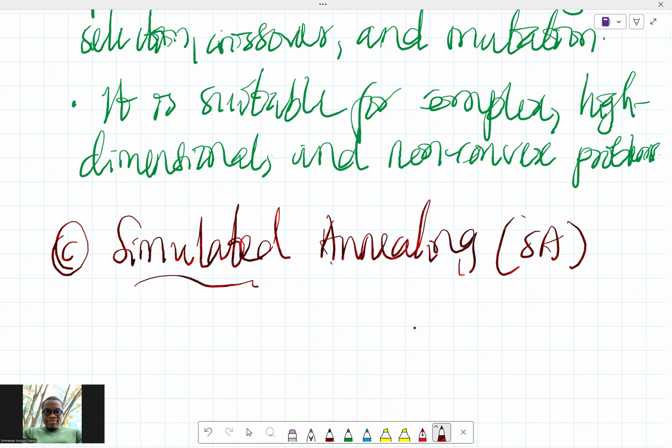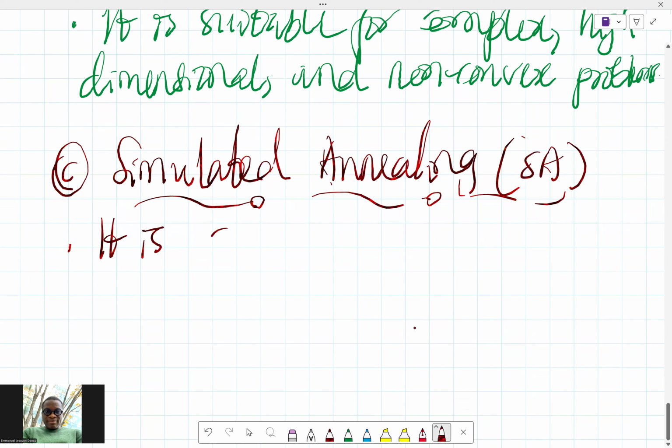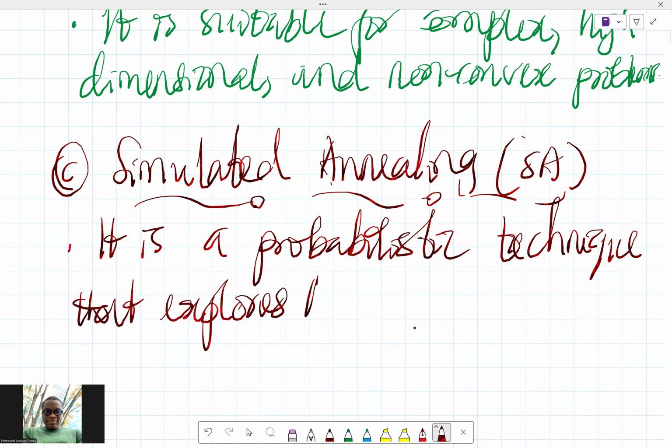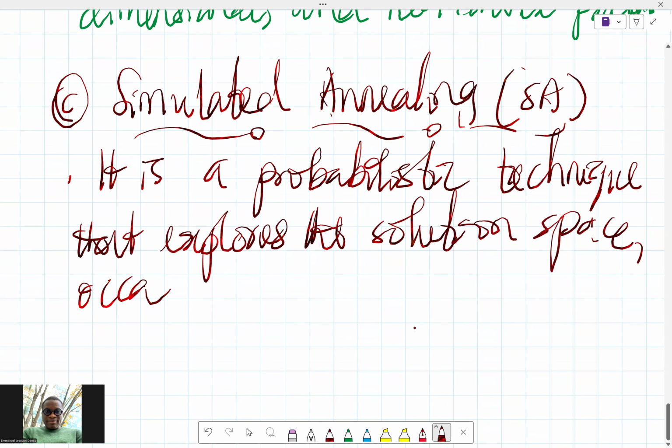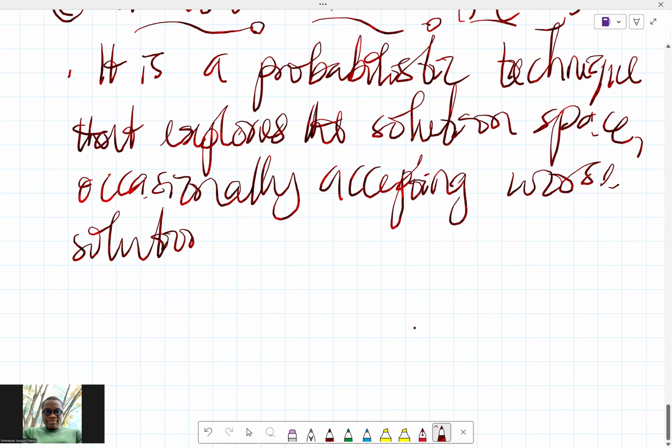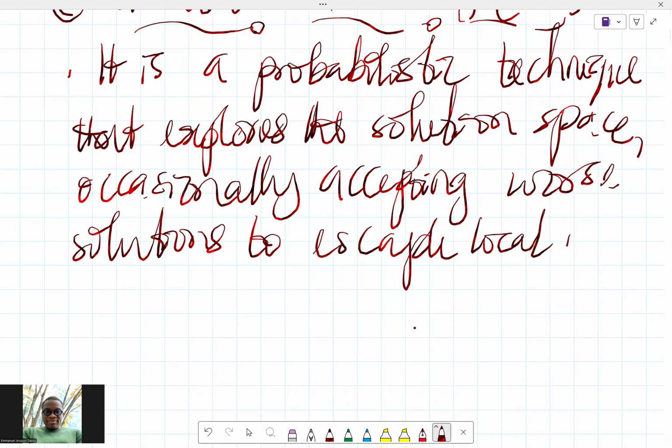It is a probabilistic technique that explores the solution space, occasionally accepting worse solutions to escape local minima. All right.